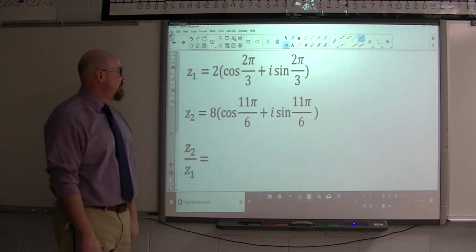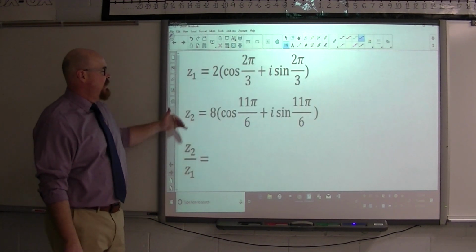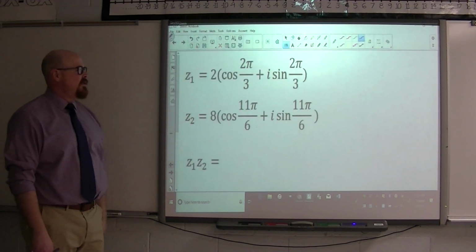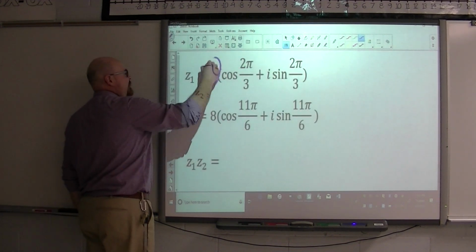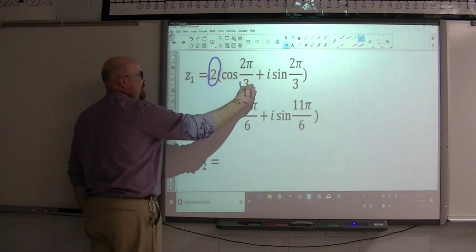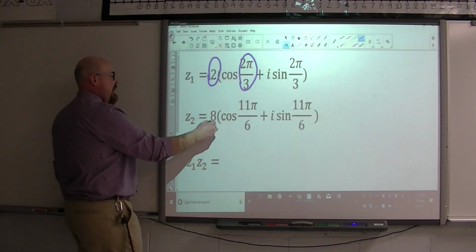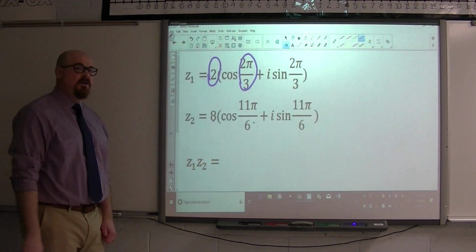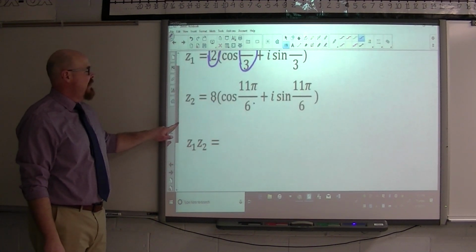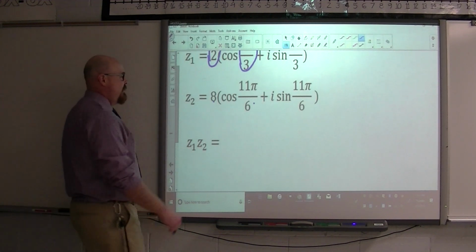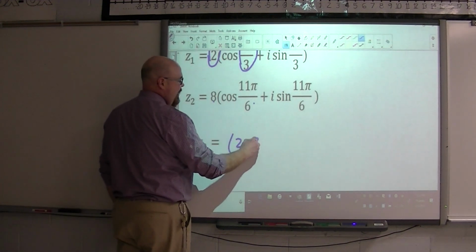So here's an example. Suppose I have z1 and z2 that look like this. Here's my r value right here. Here's my theta value, so the modulus and the argument for the first number, the modulus and the argument for the second number. If I want to multiply those two numbers together, the product of z1 and z2, I take the moduli and I multiply them.